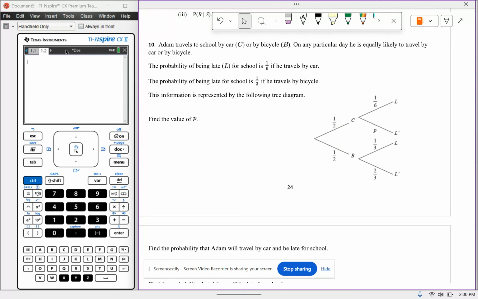Probability of R. That looks like it's the first event. It can be R or not R. If R is 1/3, what is not R? Perfect. Now the probability of S, given that R has already happened. Given that R has already happened, means we trace along the branch for R, and then we go to S. Does that make sense?